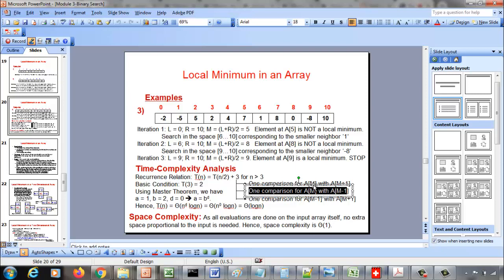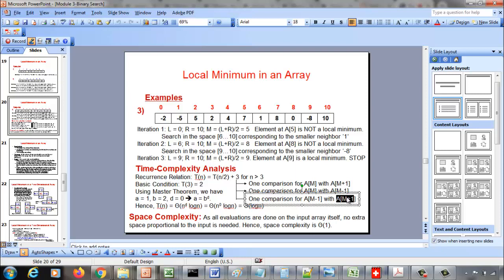But what if the element is greater than at least one of its two neighbors? Then we have to do a third comparison, comparing the elements at middle index minus 1 and middle index plus 1. So basically we want to find which of the two neighbors is the lowest or minimum. So we can then say that could be where the local minimum is and move the left or right index accordingly.